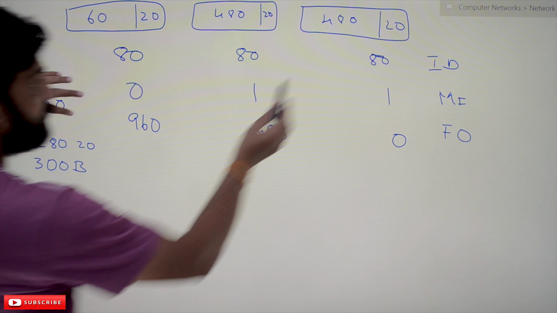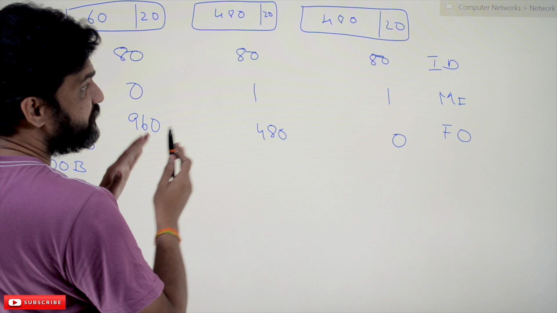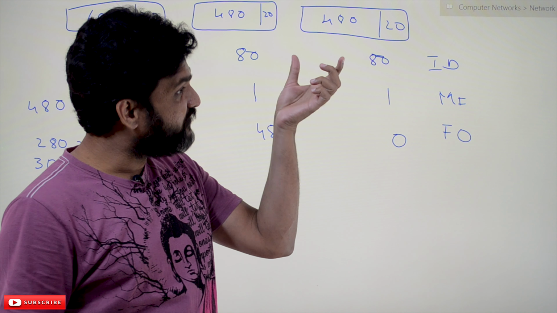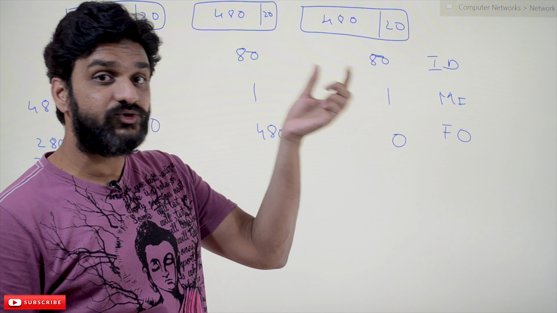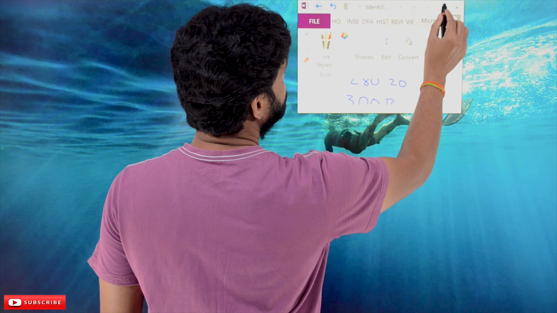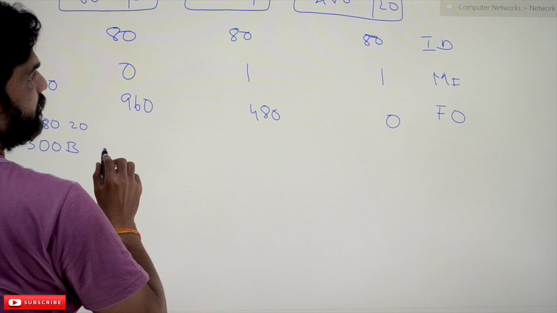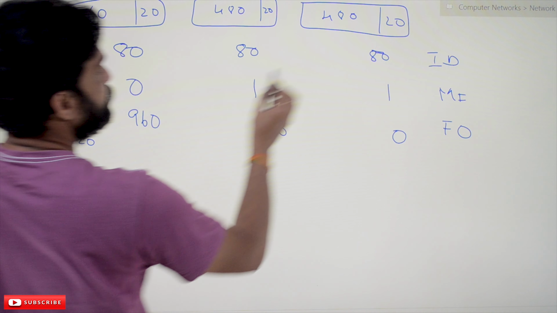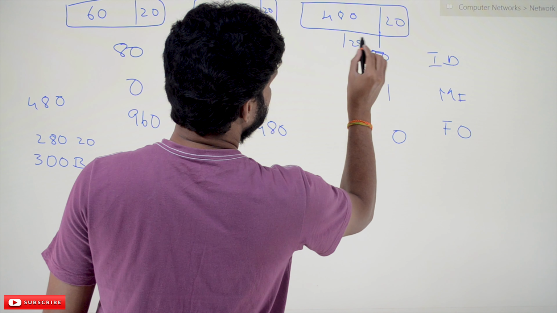So this piece of 480 bytes of data has to be divided in such a way that each piece should be 280 bytes.